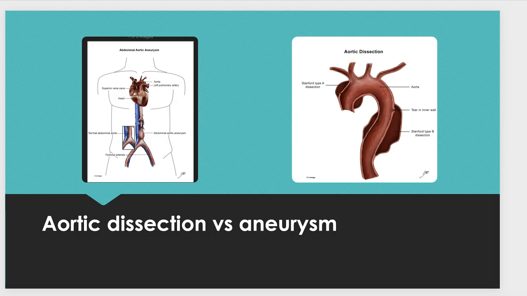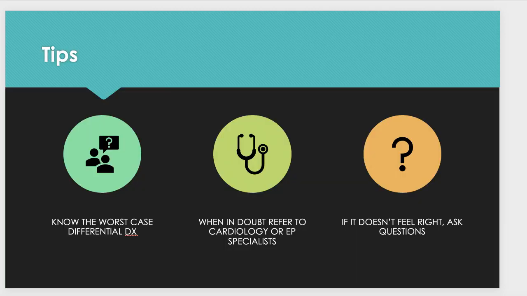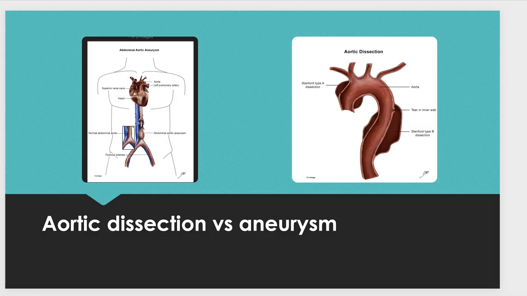Aortic dissection and aneurysm. Remember, dissection is a tear in the aorta compared to an aneurysm where there's an outpouching or ballooning of the aorta. Both of these diagnoses are emergencies.